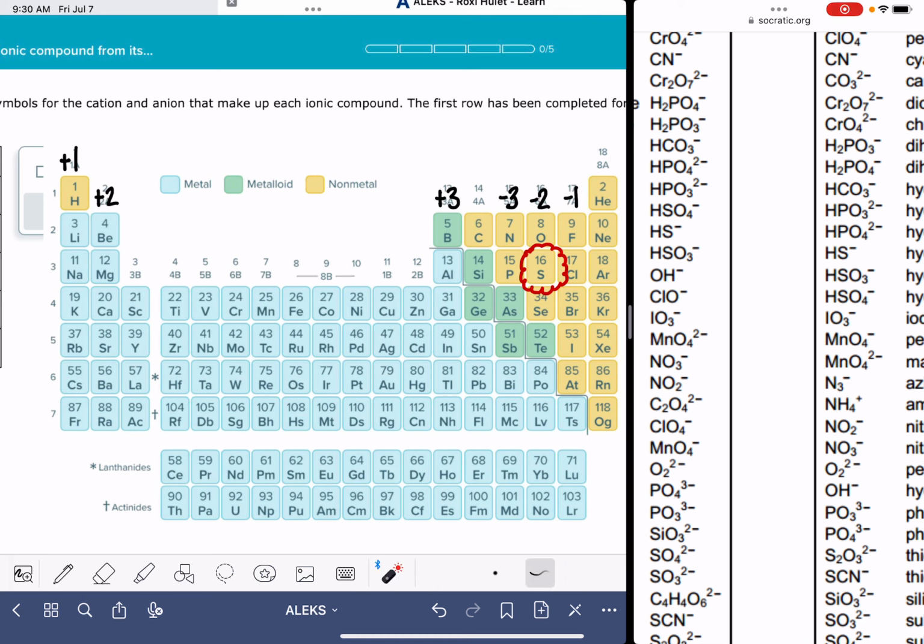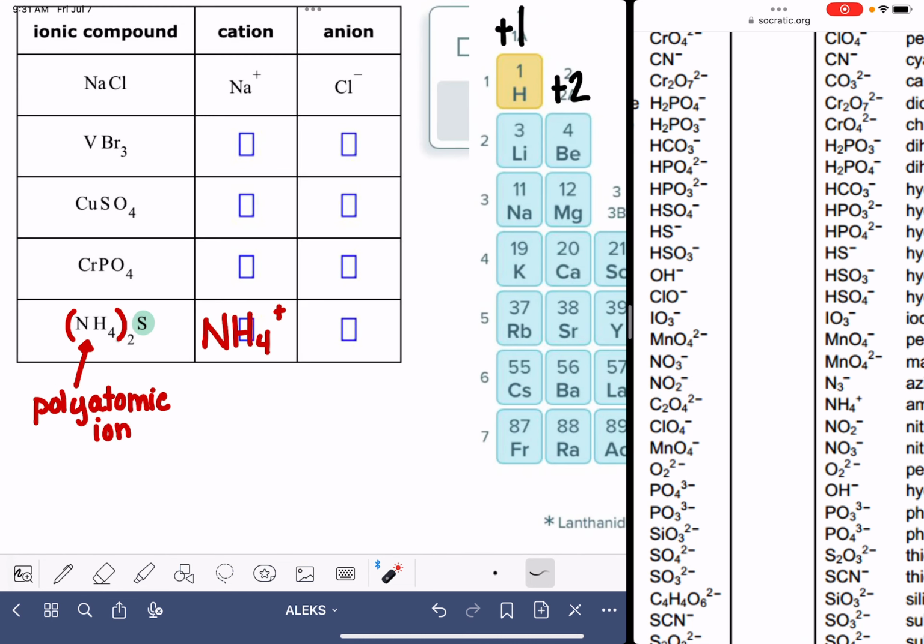This trick is saying that all of the elements in this column, they form +1 ions. These guys form +2s. These are the +3s, -3s, -2s, -1s. These elements we just skip with this particular trick. So sulfur is in the -2 column, which means that the sulfide ion is a -2 ion.